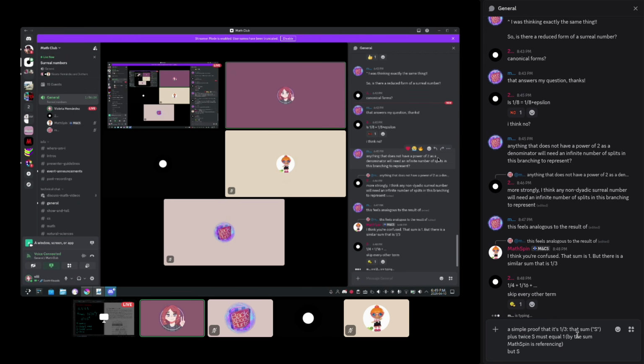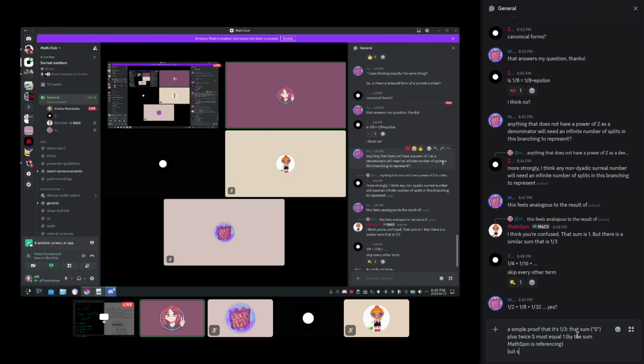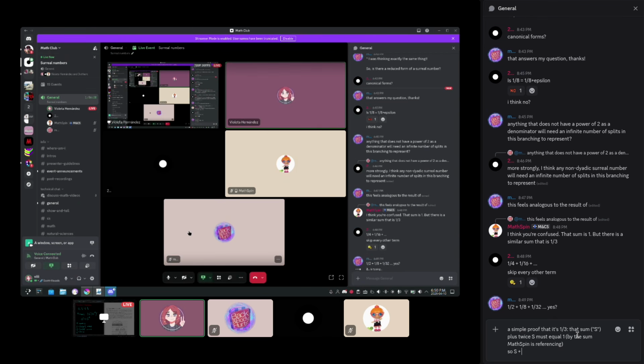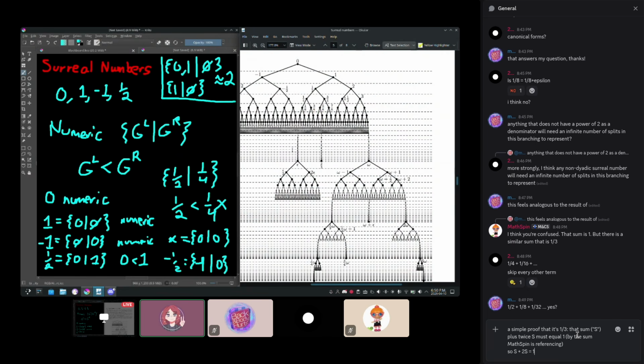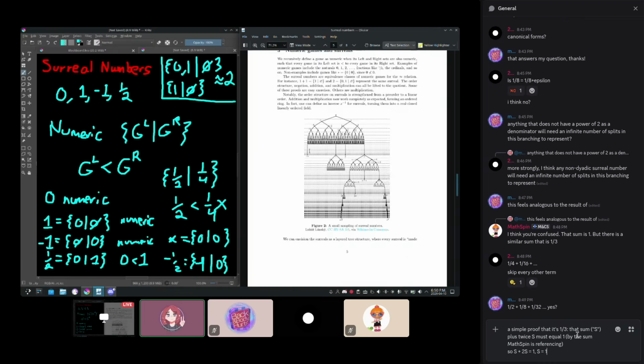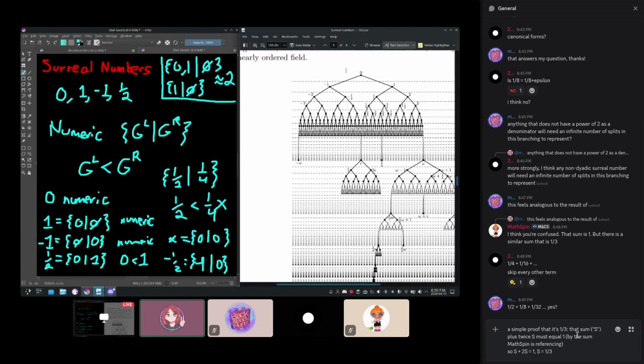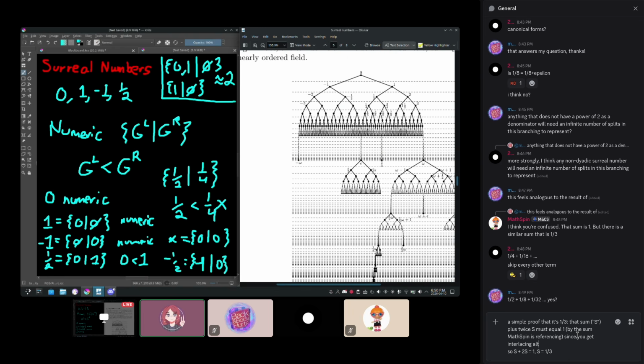Anything that does not have a power of 2 as the denominator will need an infinite number of splits. Yeah, that's in fact one of the basic results. If you take this tree here and look only at the first finite number of branches, this is level 0, level 1, 2, 3, 4. If you only look at the finite levels, you will only find fractions that have a power of 2 as a denominator.